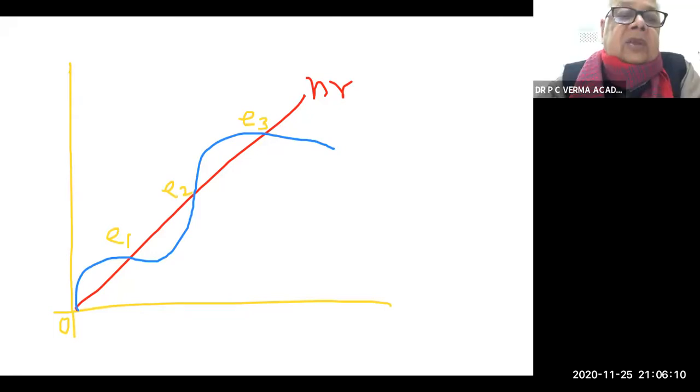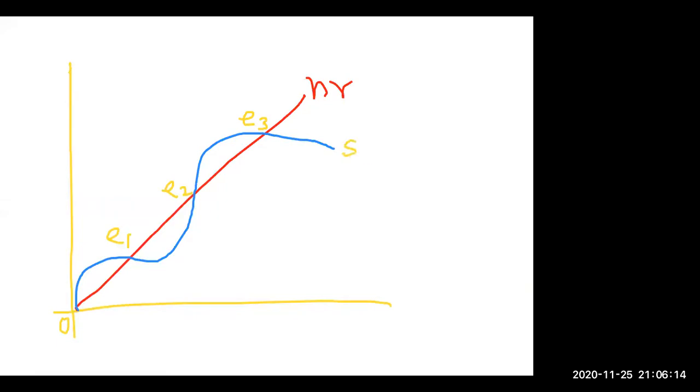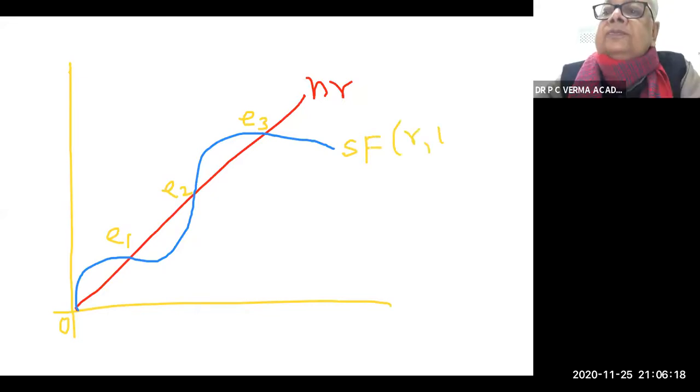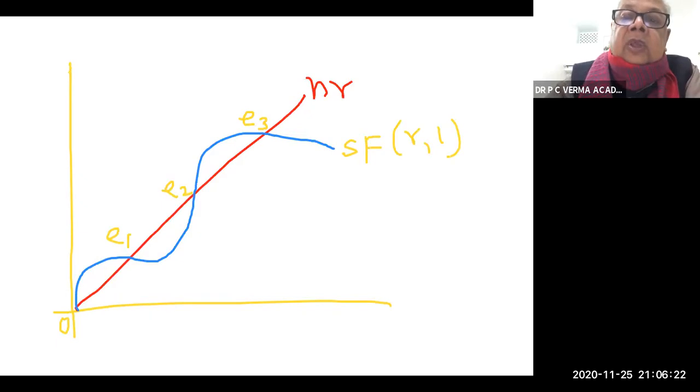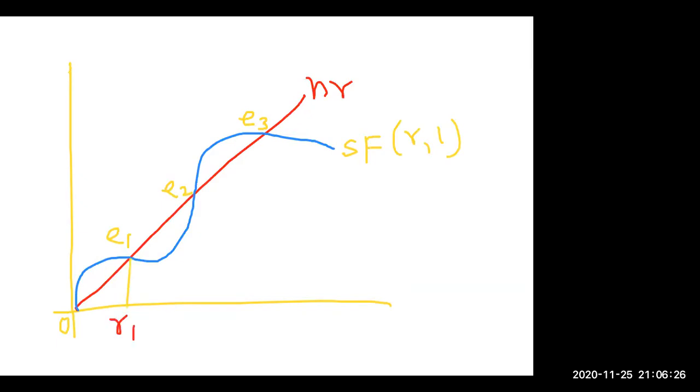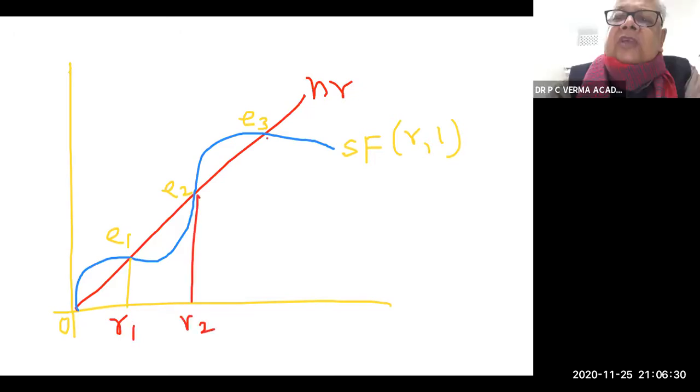NR is the labor force, and this is R1. Growth rate may be R1, growth rate may be R2. This is very flexible.